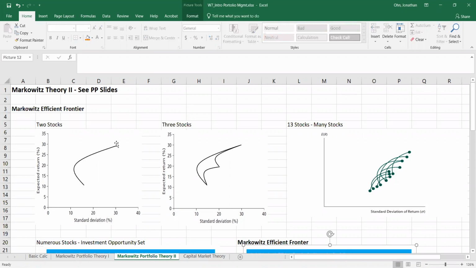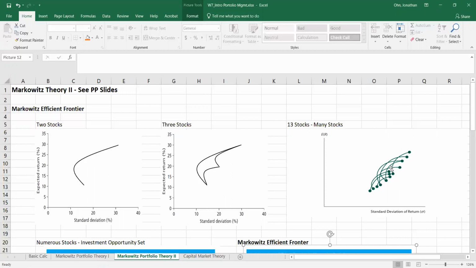If you put two stocks, all of this is possible, the possible combinations of these two stocks, right? And then if you have three stocks, there is a different pattern. Any point on these lines will be a potential investment opportunity.